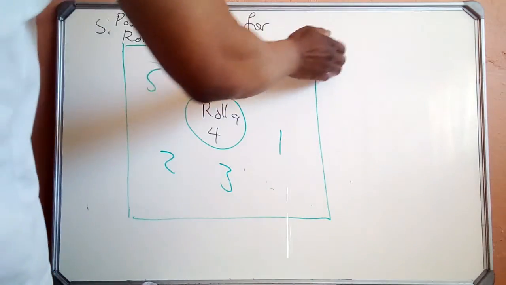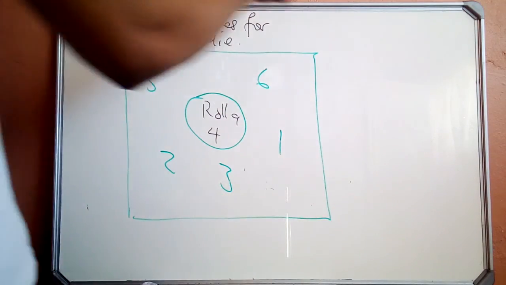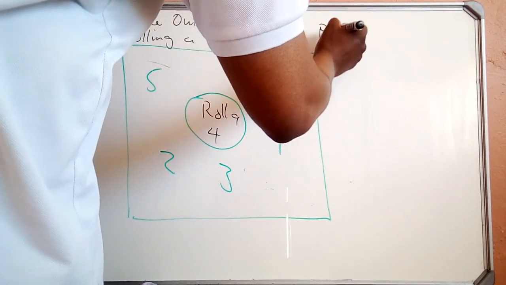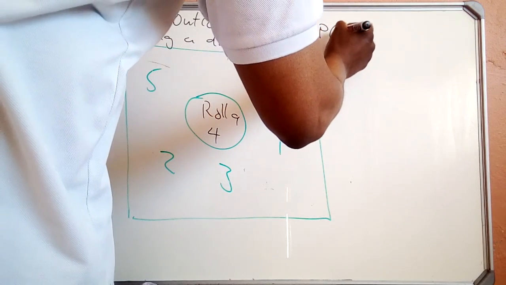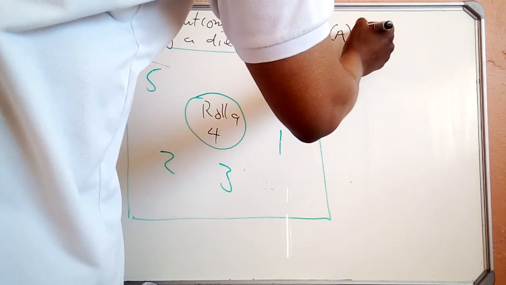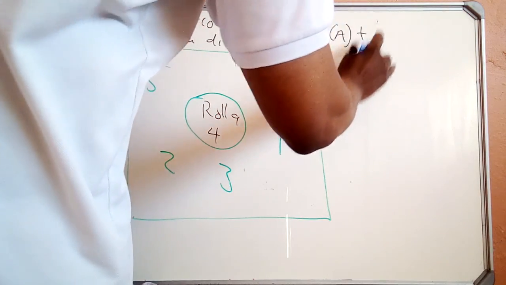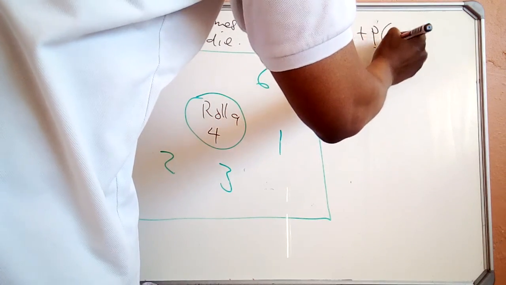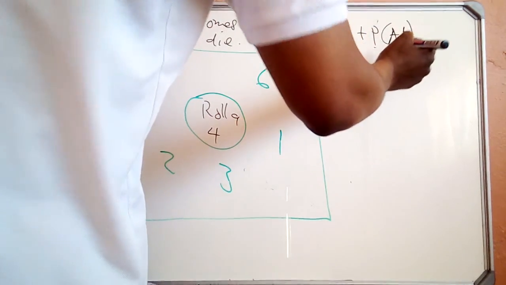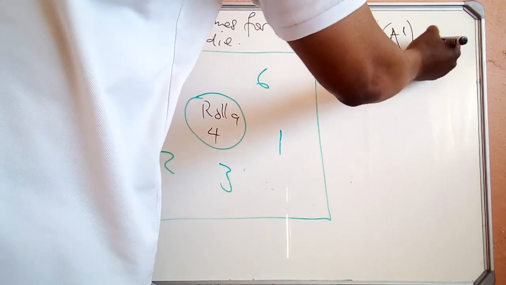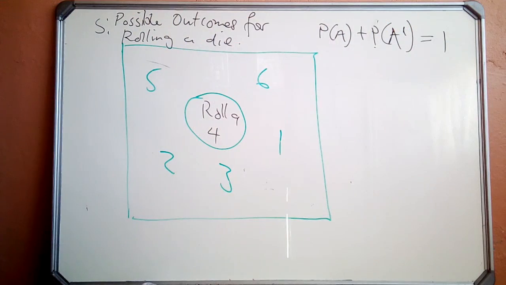Now, if you're going to express that in general terms, you say the probability of rolling an A plus the probability of not rolling an A is equal to 1, because these two complement each other.